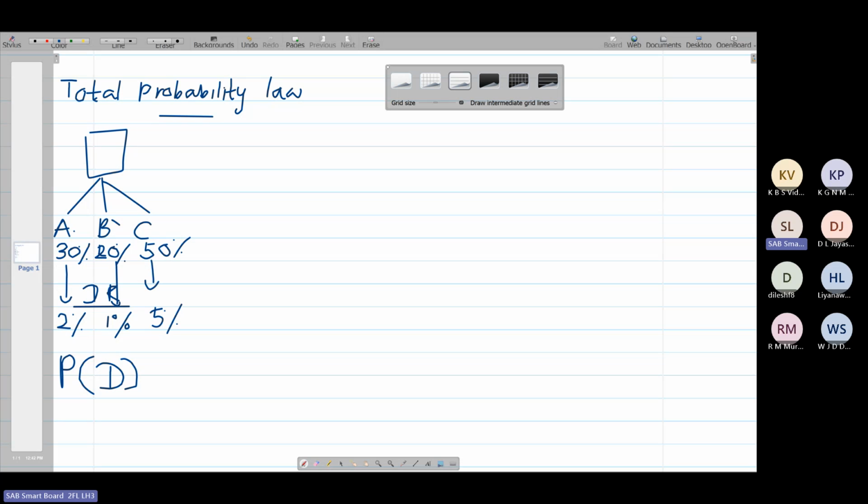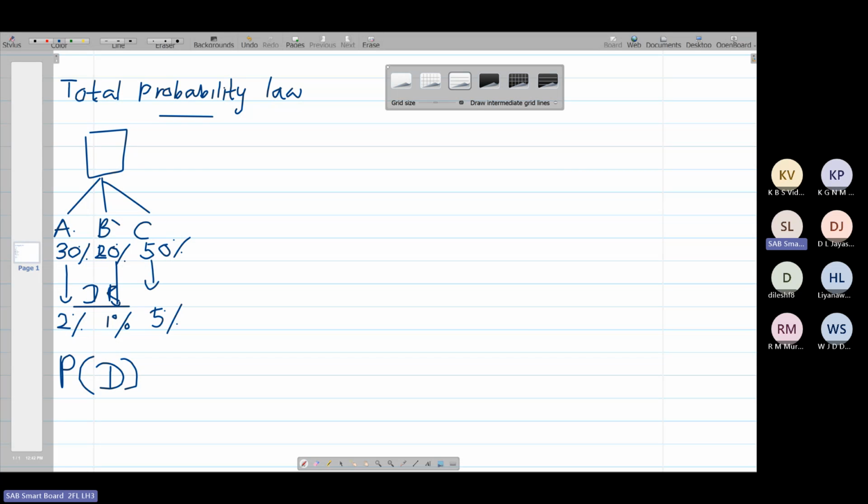Understood? When we use the total probability law concept, the first step is to check whether the given three or two events are collectively exhaustive and mutually exclusive. If these two conditions are okay, then we can apply the total probability law. If there is a percentage value, we add these three together and it should equal 100%, which means the probability value is 1.